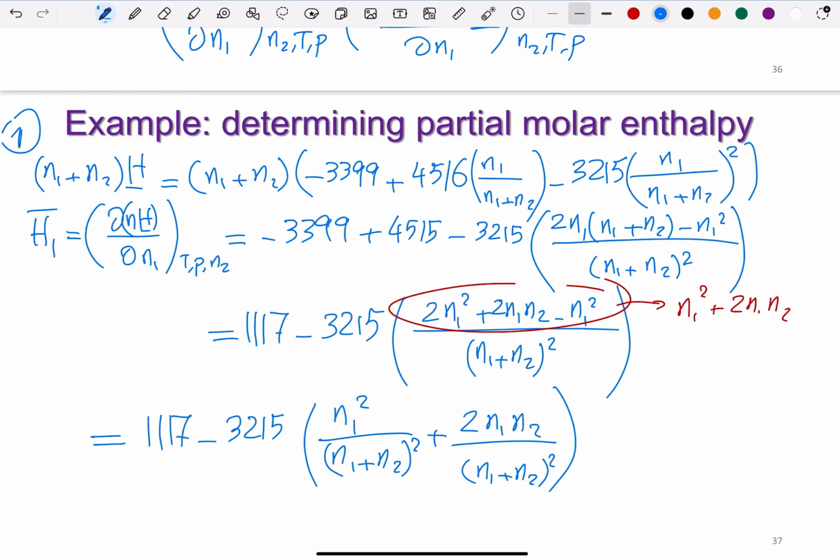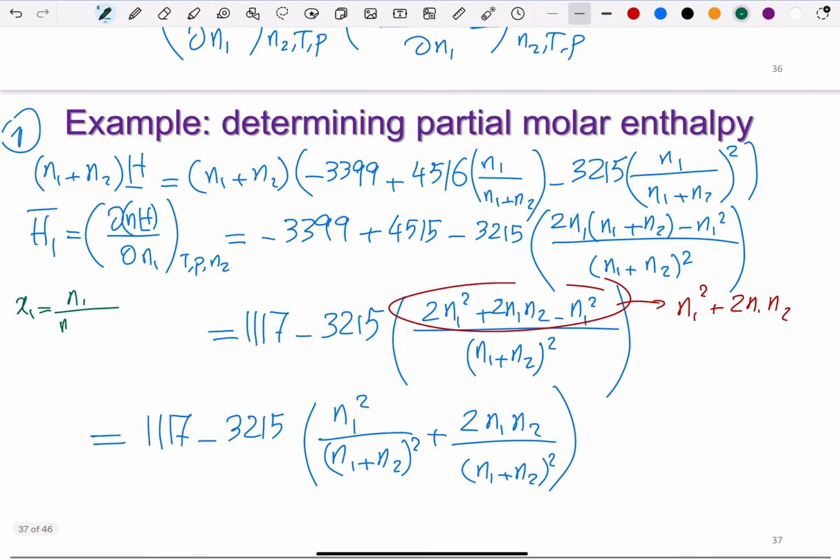How did we define x1 and x2? No, we are not inserting any numbers now. Get the expression first.